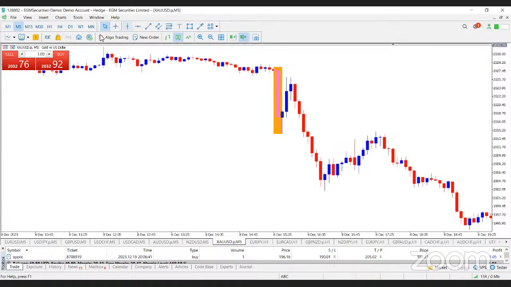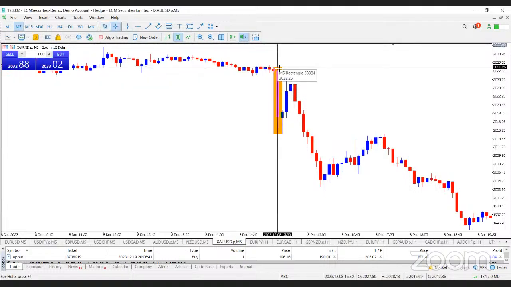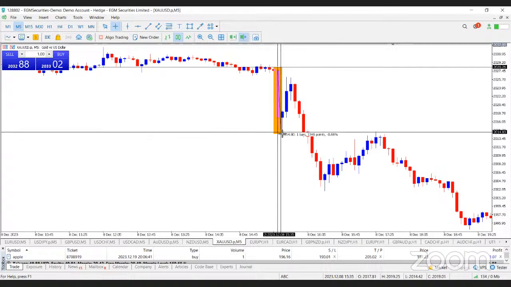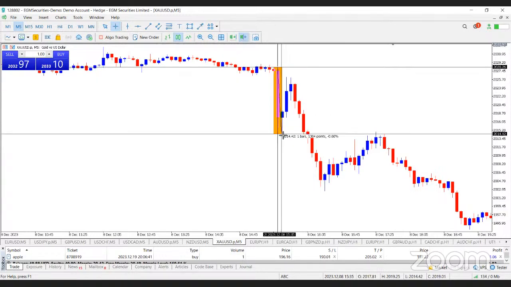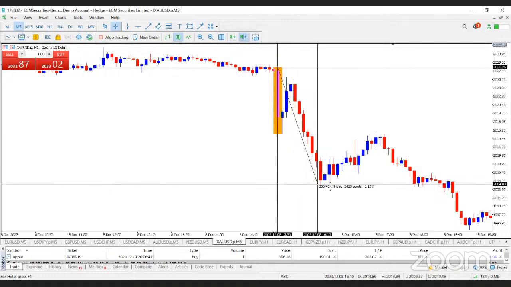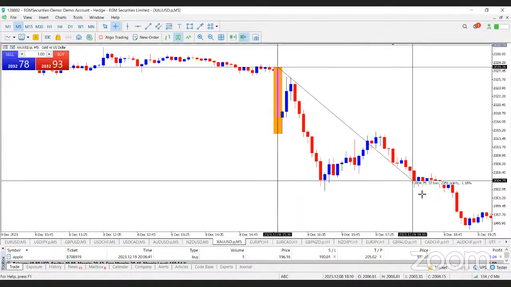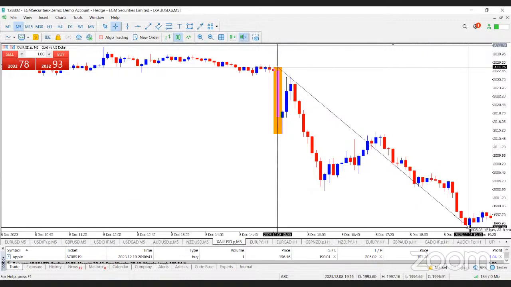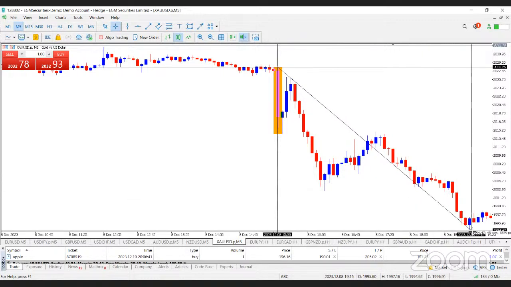The best pair to have traded would have been gold, because gold was able to drop by around 138 pips. And as you can see, from around 4:30 up to 7:15 p.m., that drop was sustained.